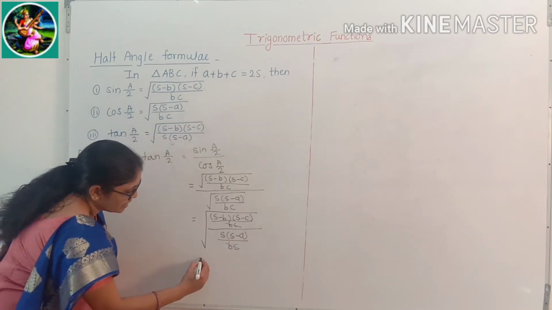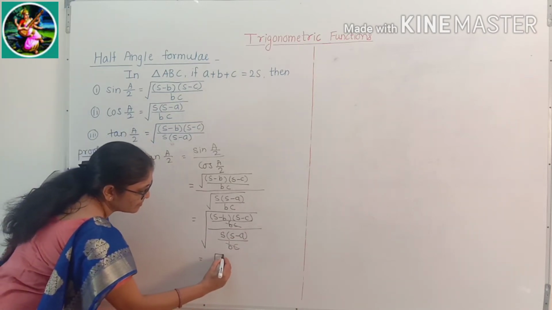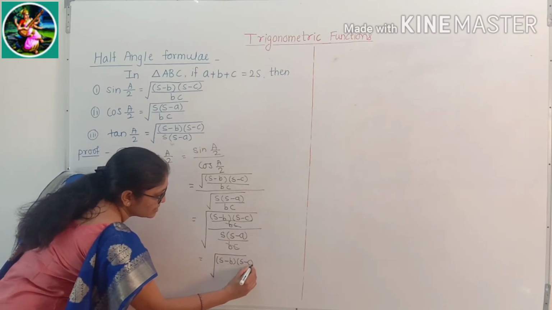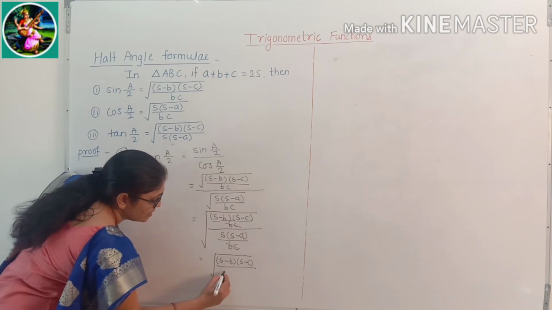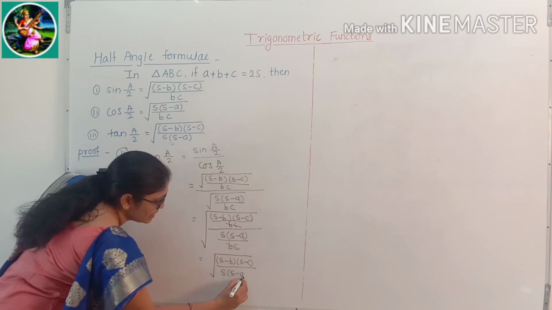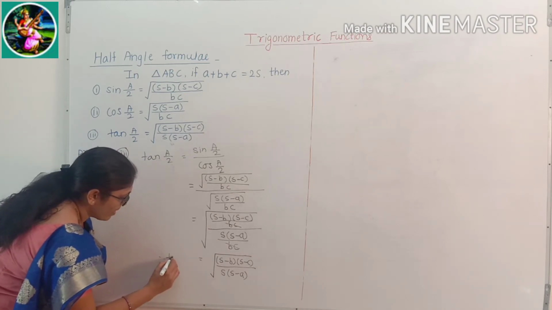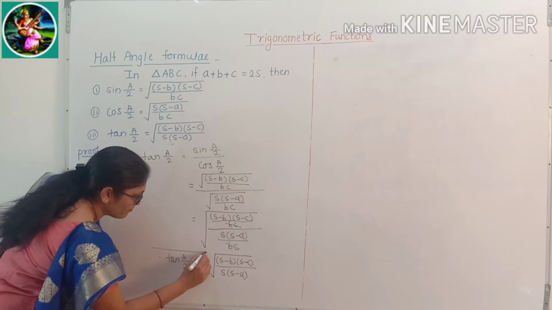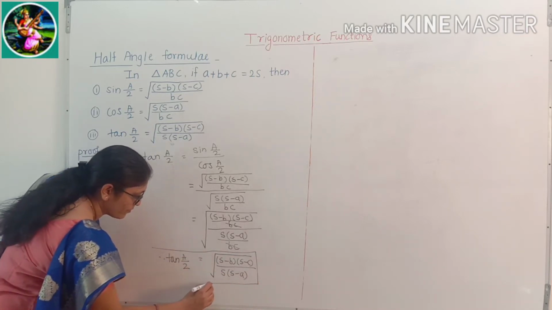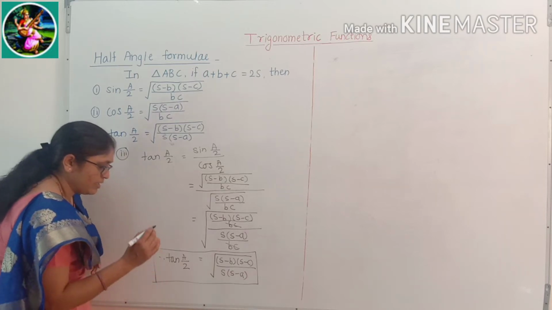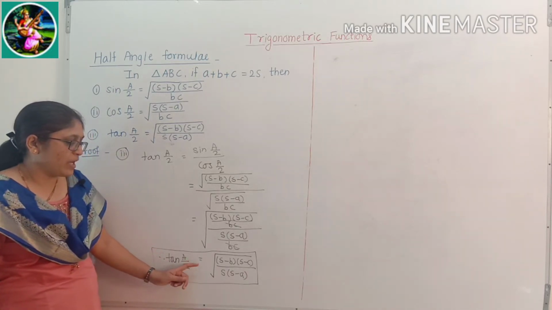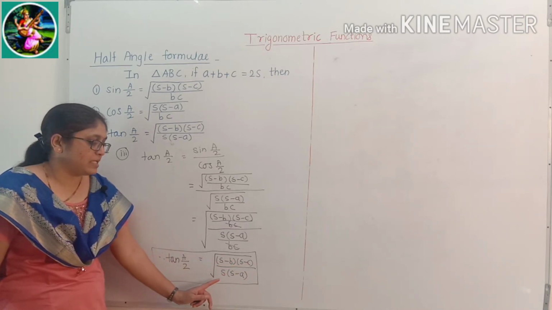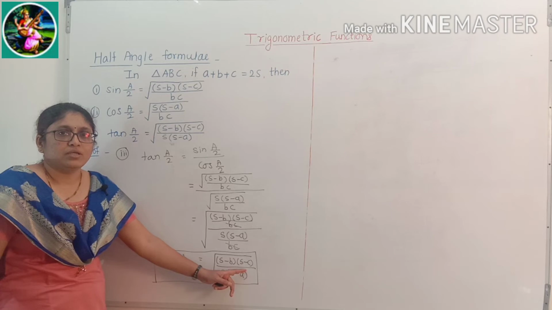Here we get square root of s minus b into s minus c divided by s into s minus a. That is the value of tan of A upon 2. In that way, we obtain that tan of A upon 2 is square root of s minus b into s minus c divided by s into s minus a.